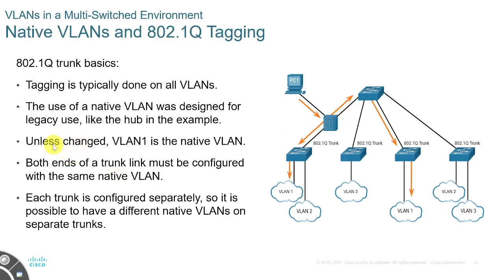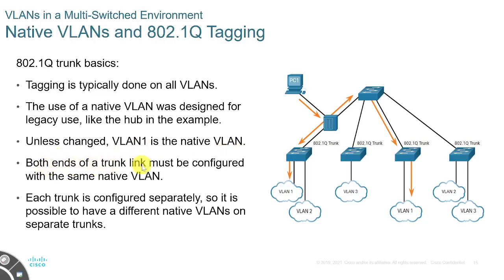If we change the hub to something else, VLAN 1 is itself the native VLAN.